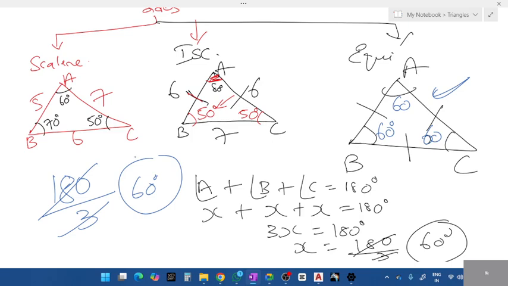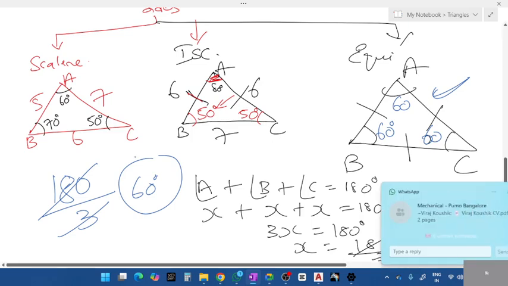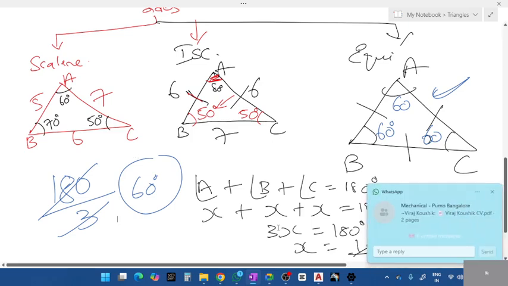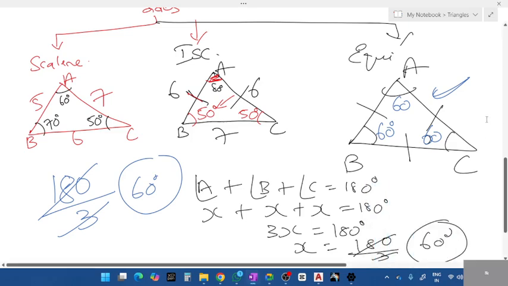Open triangles, all this I've explained: equilateral, isosceles, scalene, acute angle, right angle, obtuse angle. In the first 2 pages you'll find vertex, sides. I've explained in depth, students. Whatever is given in the textbook, I've explained in depth. If you want, you can go through it once. It's the same.